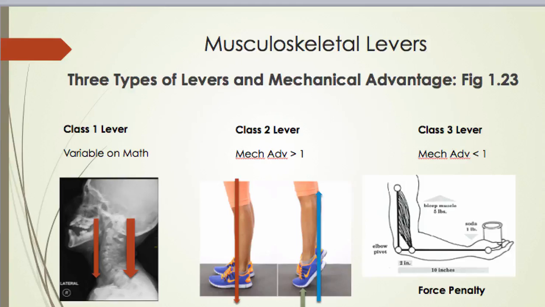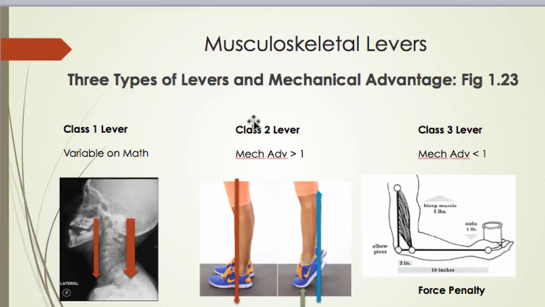So what is the difference between these? Briefly, because we're going to talk about this in biomechanic lecture later on, but briefly, with a first class lever, the external load and the muscle force are going to be variable depending on the math, because it's going to depend on the distance of the external load and the internal force from the axis of rotation.